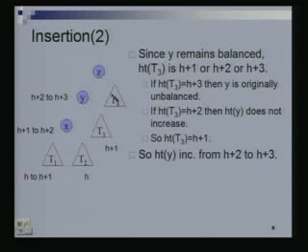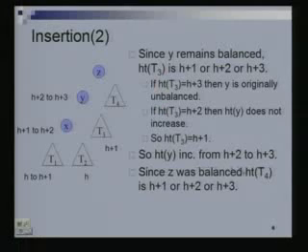Now what about the height of T4? Note that z is imbalanced. The new height of this is h plus 3. So what should the height of T4 be? Initially it was balanced.